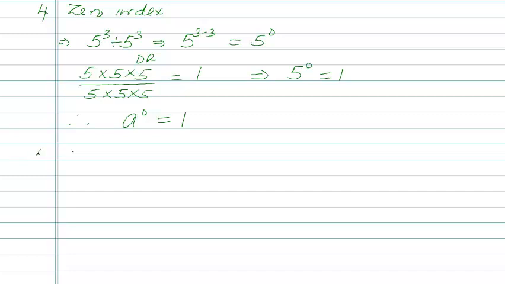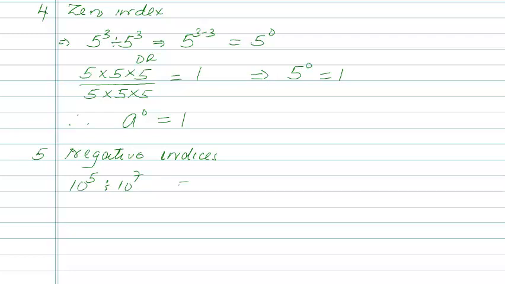Let's deal with the row of negative indices. And the example that we are going to deal with is 10 to power 5 divided by 10 to power 7.